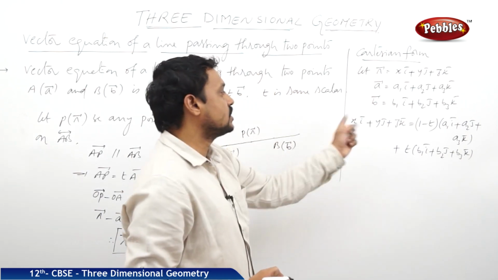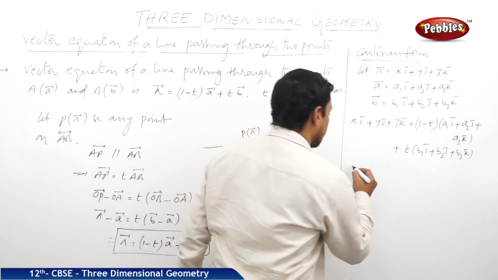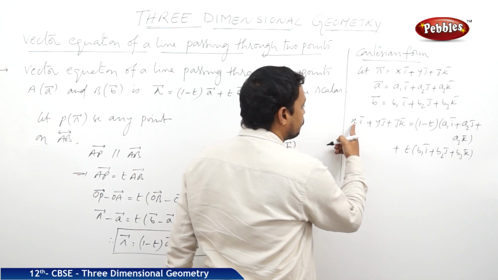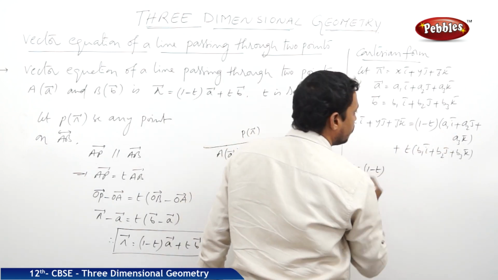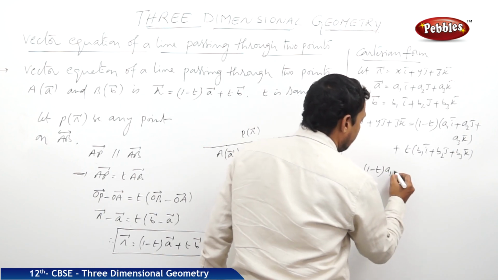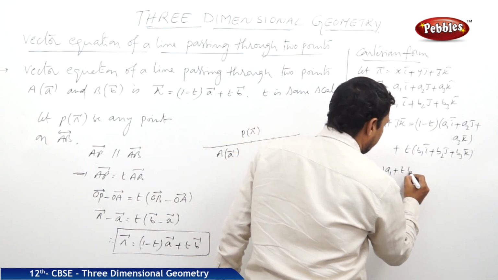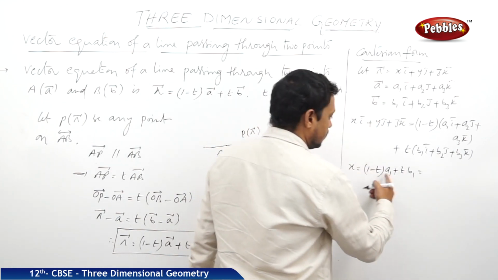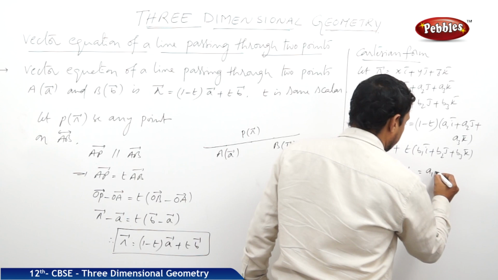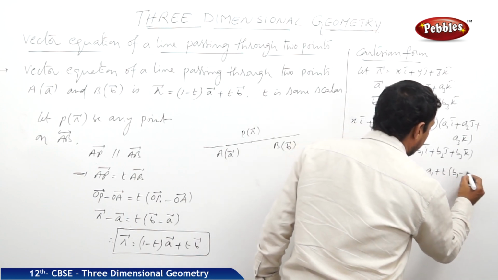Now, you just compare like terms on both sides. On the left side it is x, whereas on the right side (1 minus t) into a1 plus t b1, that is a1 plus t into (b1 minus a1).